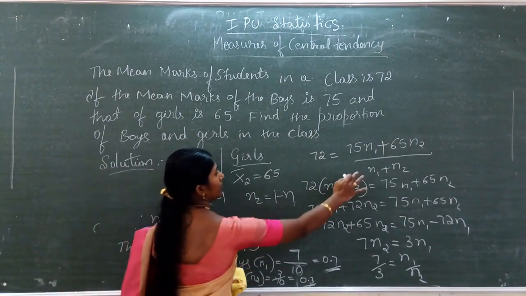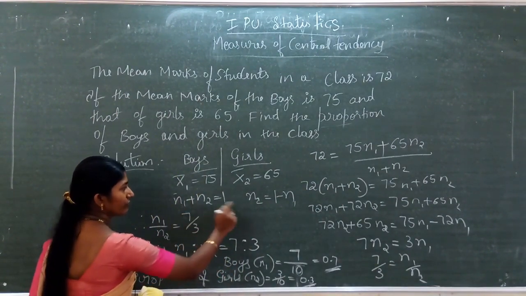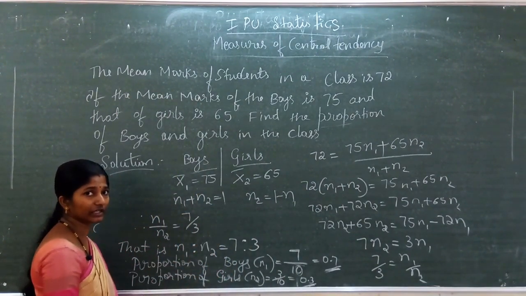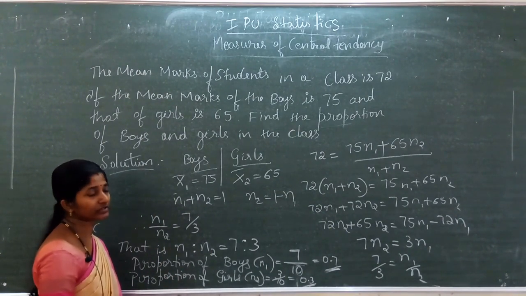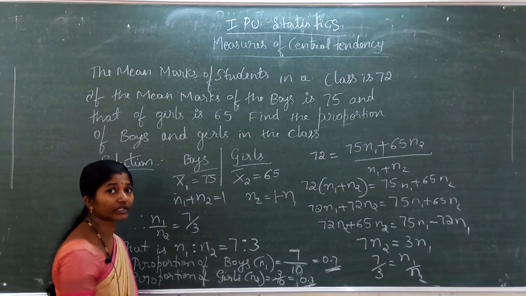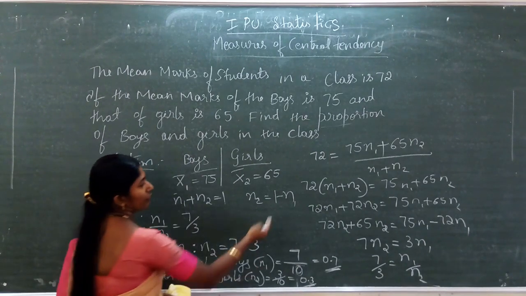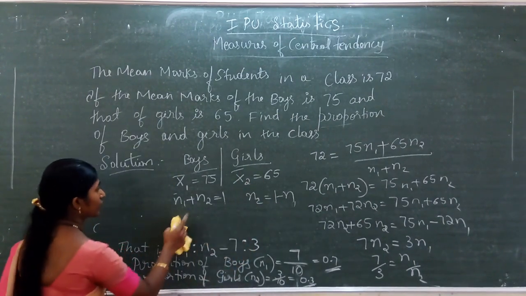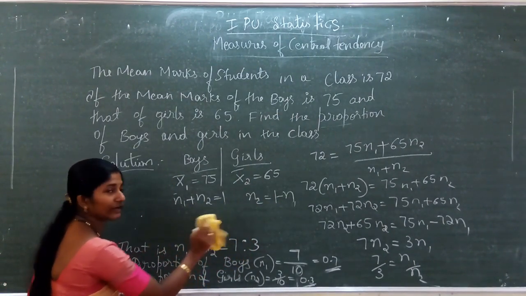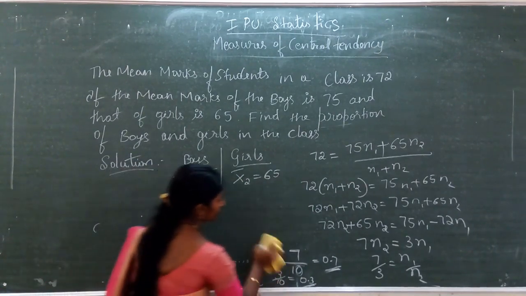Like this only you go on doing. Afterwards, you get one of the values, the n2 value. Then by using that you find the n1 value. Same as how we did in the last class problem, the percentage. Instead of 1, we took 100 in the last class problem. You can use the method that way also.